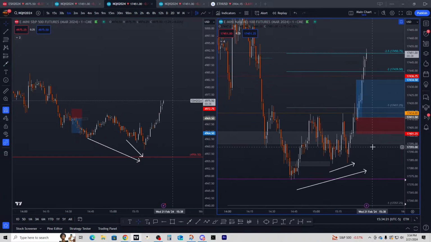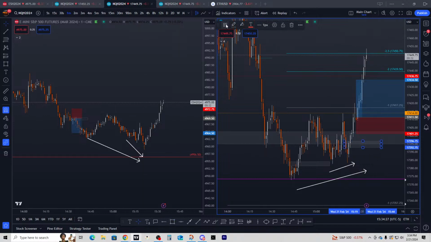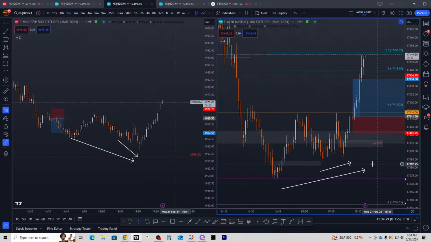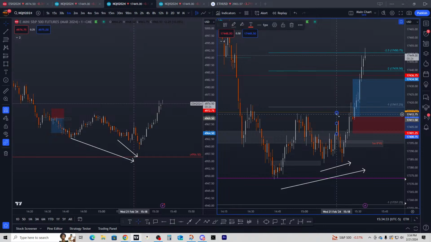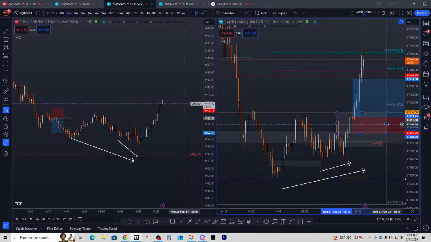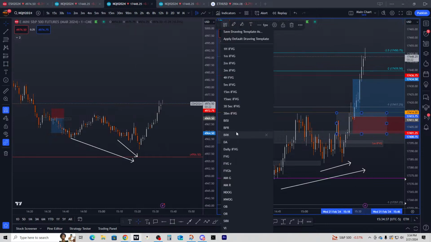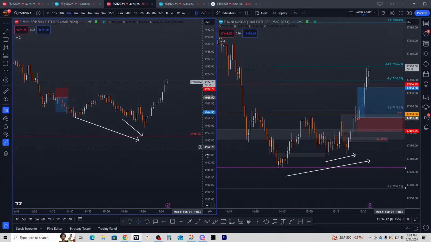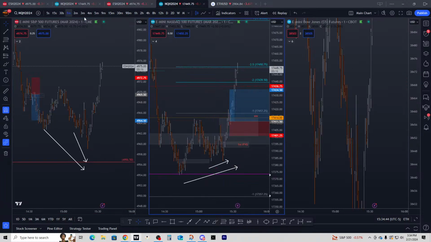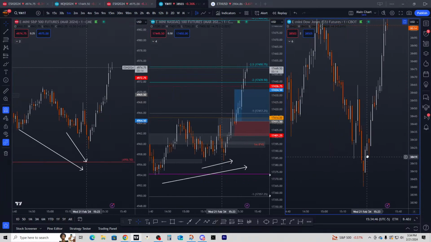Then we shifted up above this inversion here. Still not my favorite setup. You know, not the best. Then we shifted again using this breaker. So I mean, looking at this, let's go over here.